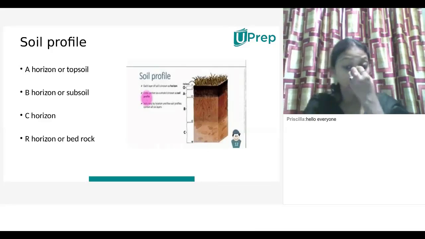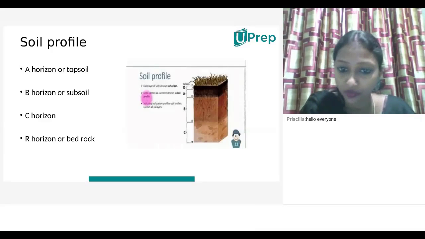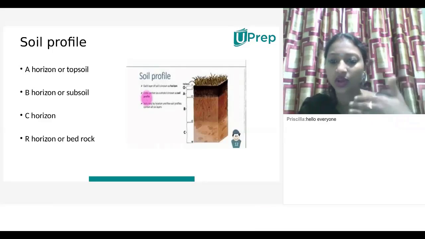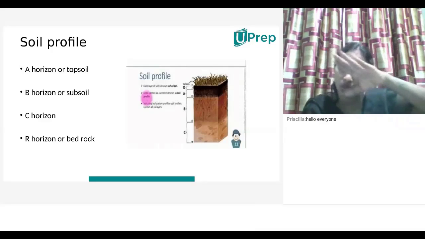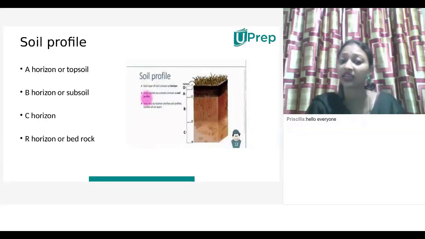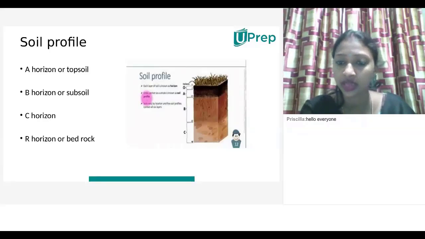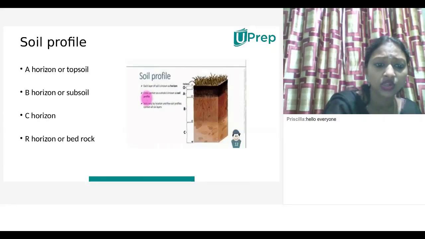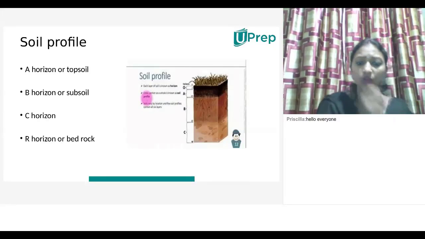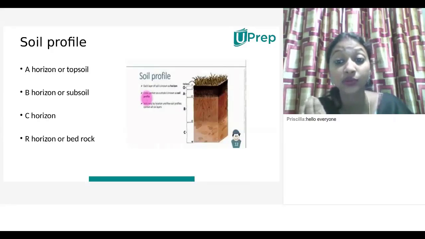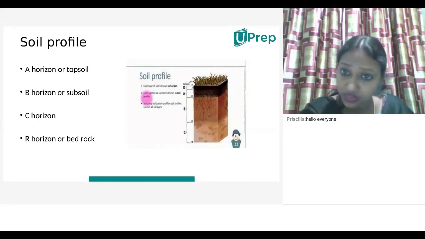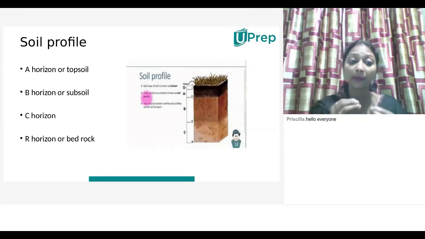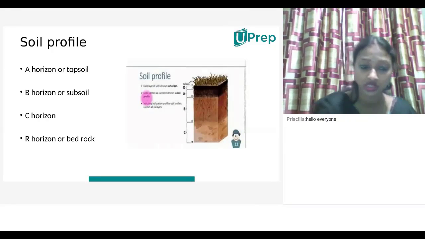Okay. So when we discuss soil profile, it is nothing but different layers of the soil. Different layers in the sense, we know only the upper layer, that is the O horizon, the topsoil. The topsoil is rich in humus and very fertile.